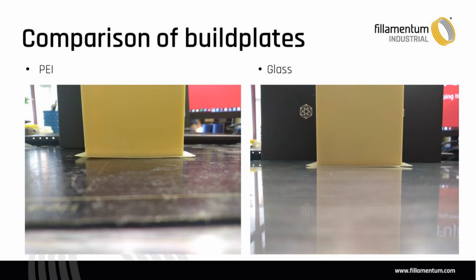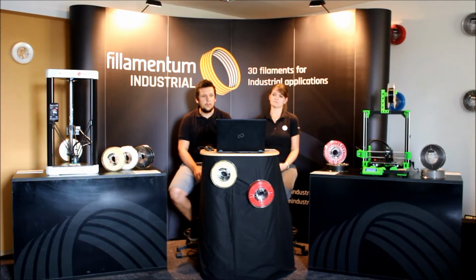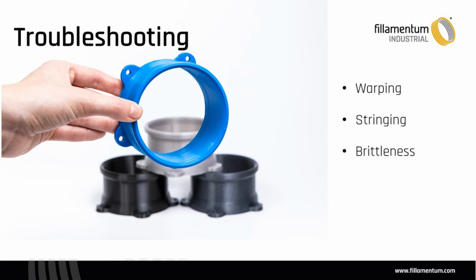Okay, now we take a look into troubleshooting. We have prepared three common issues you can face when printing nylons. The first one is definitely warping.